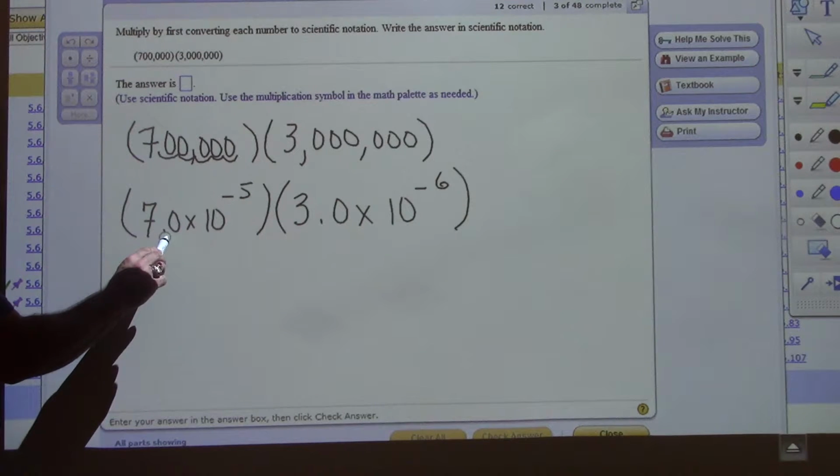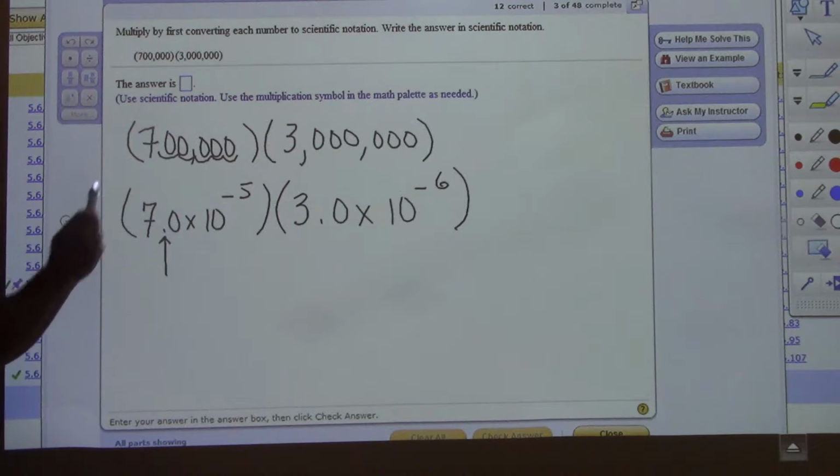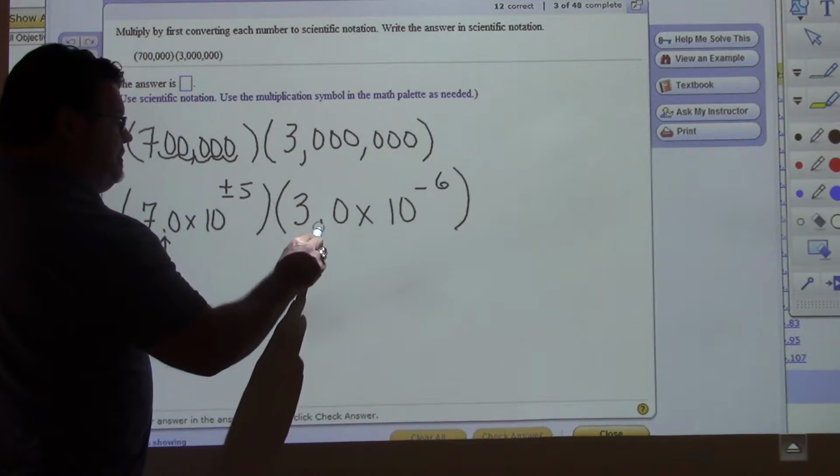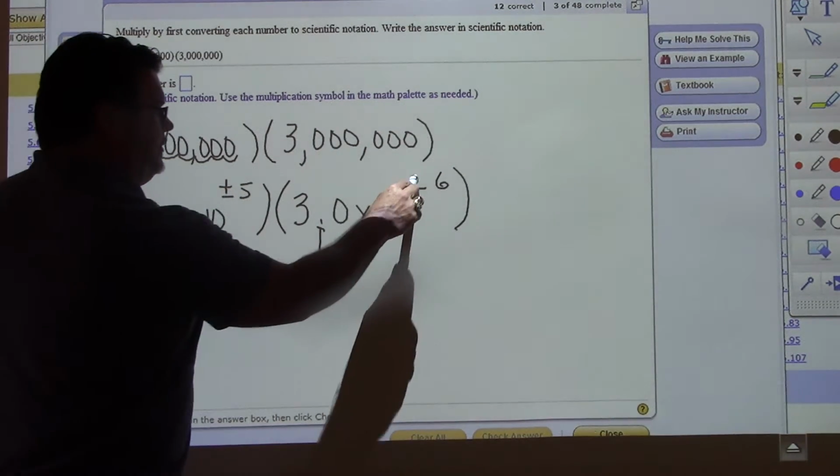Which way do I need to move this in my head to get it back the way it was? To the right. Which way do I need to move this in my head to get it back the way it was? To the right.